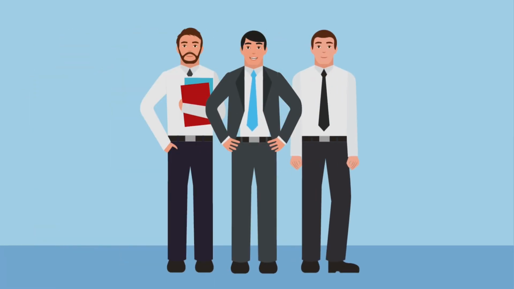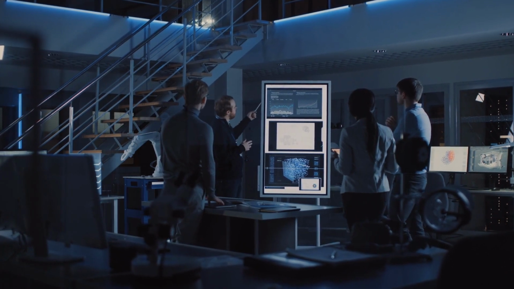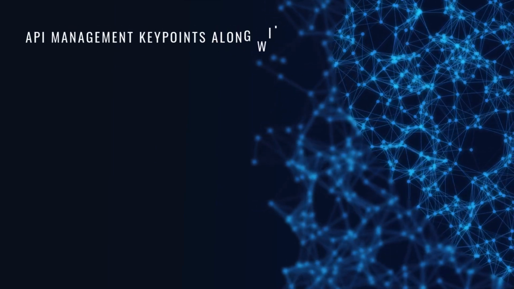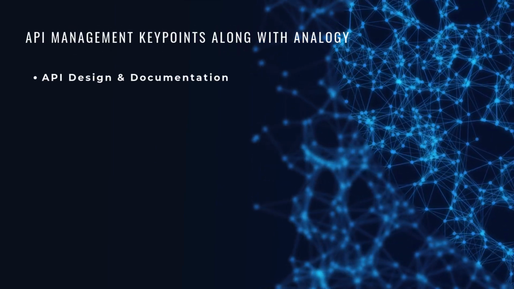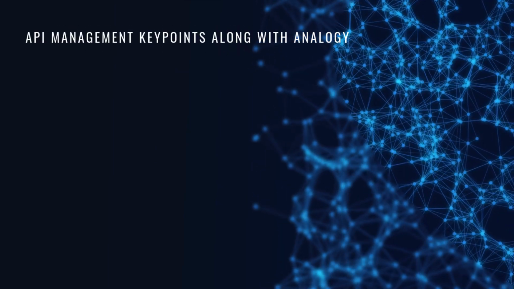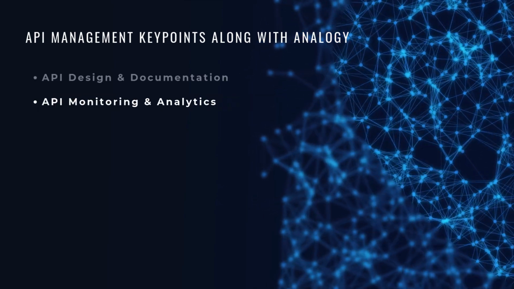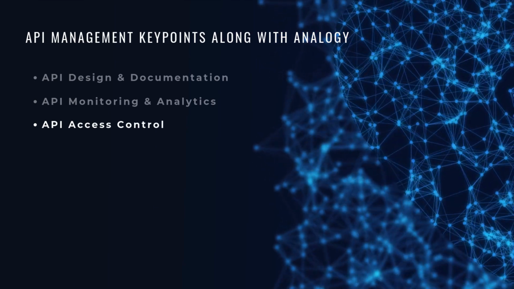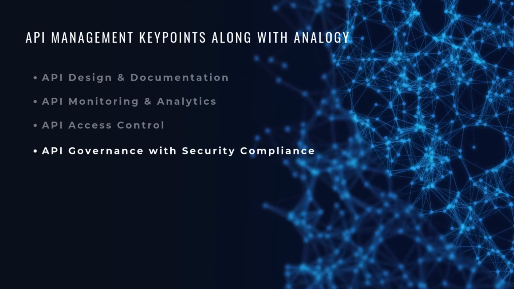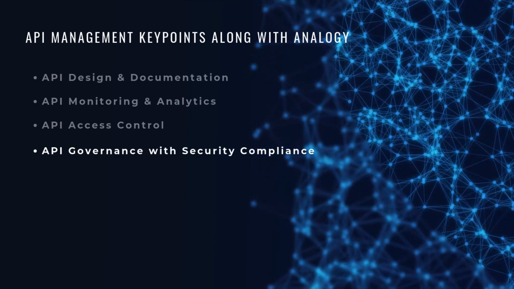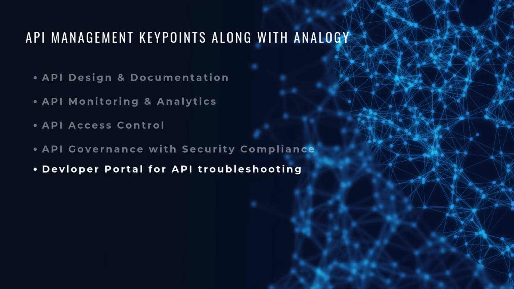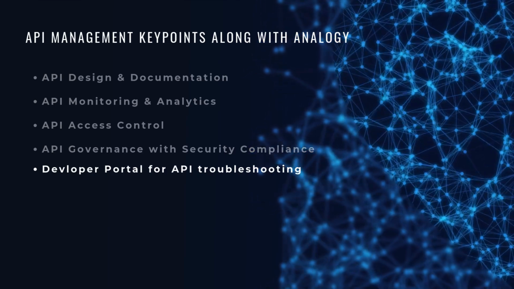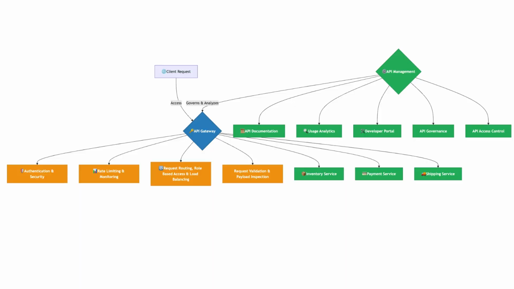API management is like an airport management team that oversees everything beyond just security, like designing travel routes, like API design and documentation, tracking passenger flow, like API monitoring and analytics, issuing boarding passes, like API access control and authentication, setting airport rules and policies. In terms of API, it's like API governance with security and compliance. And the last one being the passenger help desk in an airport. In terms of API, it'll be like a developer portal for API understanding.